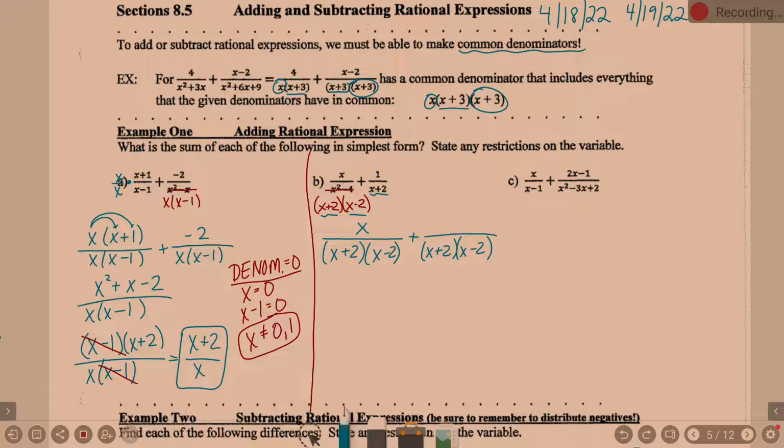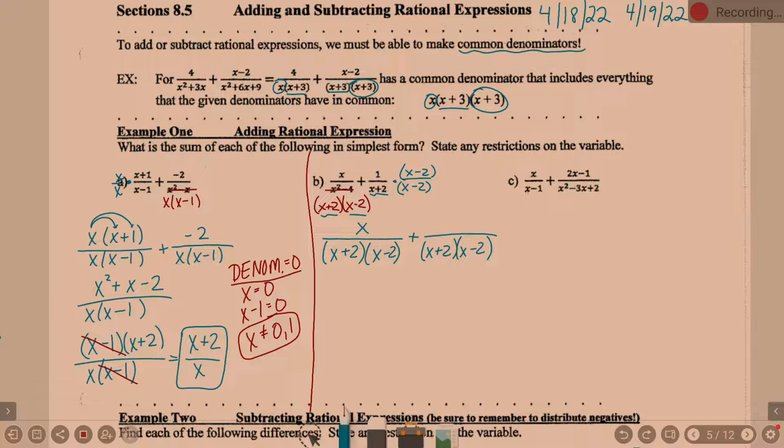Second fraction. My common denominator is x plus 2, x minus 2. What was my original denominator? X plus 2. What's missing from the denominator on this second fraction? An x minus 2. So we're going to multiply this fraction by x minus 2. If I multiply the denominator by x minus 2, you're going to multiply the numerator by x minus 2.